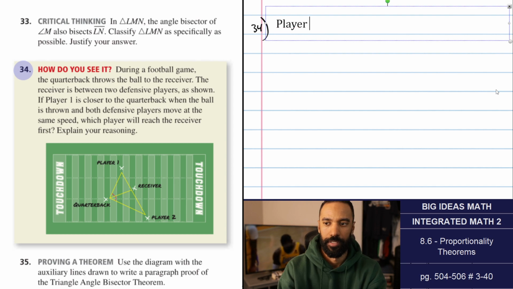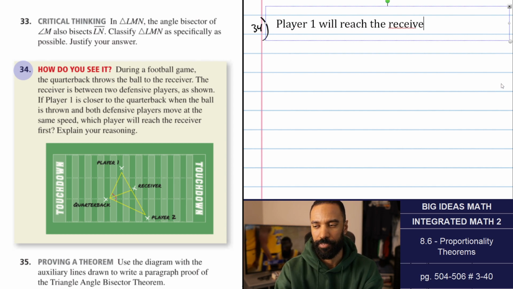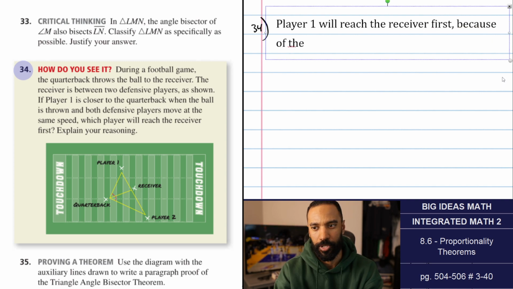Player 1 will reach the receiver first because of the proportionality. I don't know what it's called. Oh, it's down on number 35.